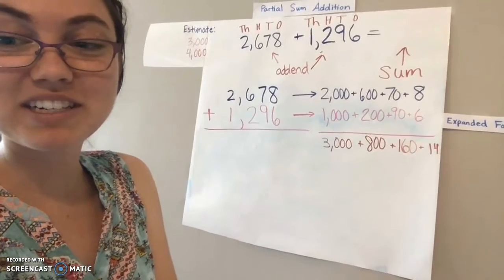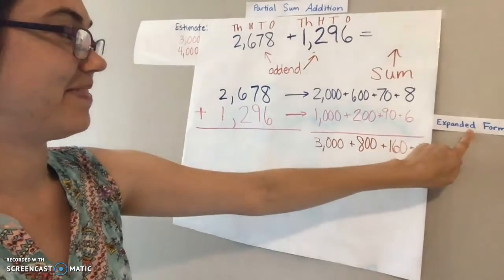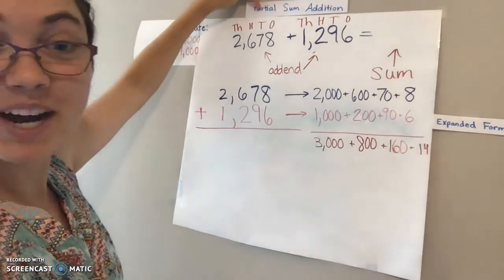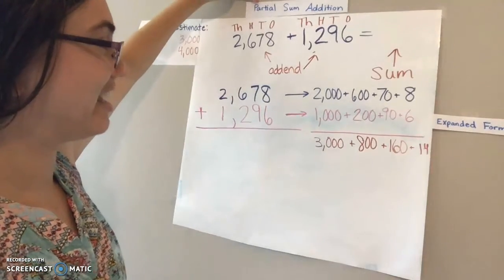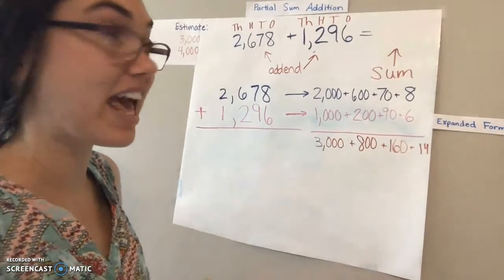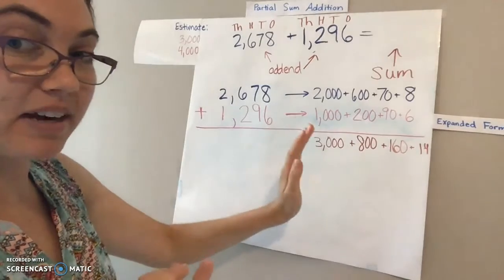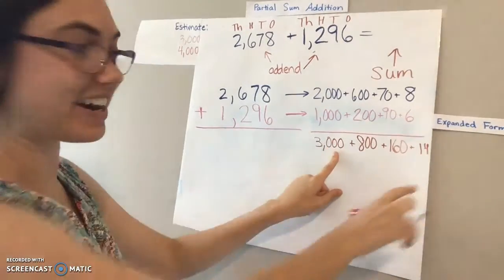Let's write these numbers in expanded form. So we stretched them out according to their parts, according to their place value. So now we are ready to find our sum. We've broken it down into simpler parts. So now we just add them together.